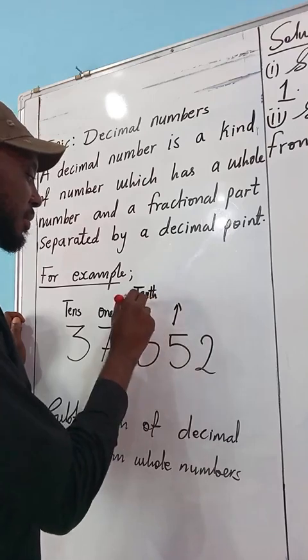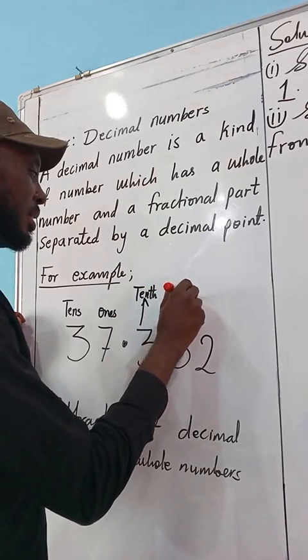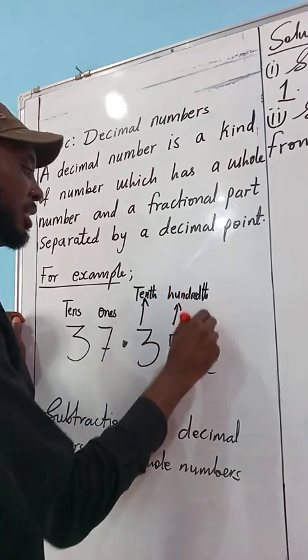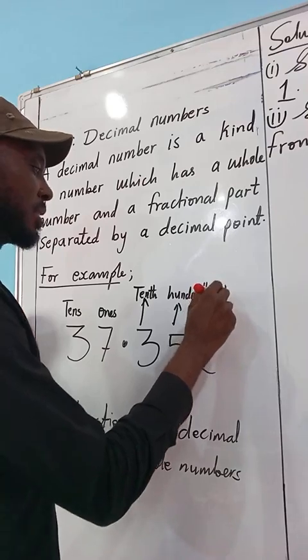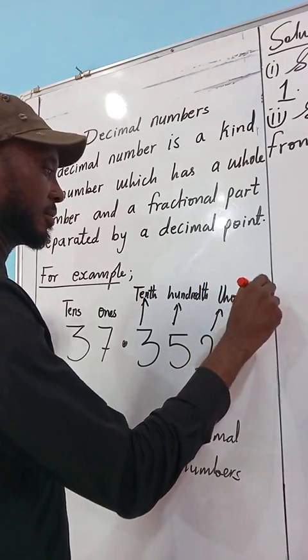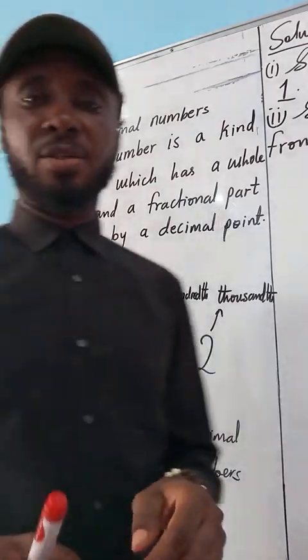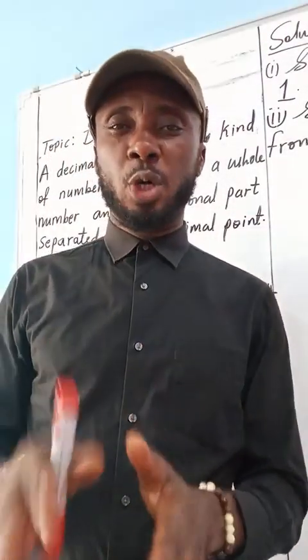This is hundredths, that is 5/100, and 2 is thousandths. That is 2/1000. They are not up to 100.